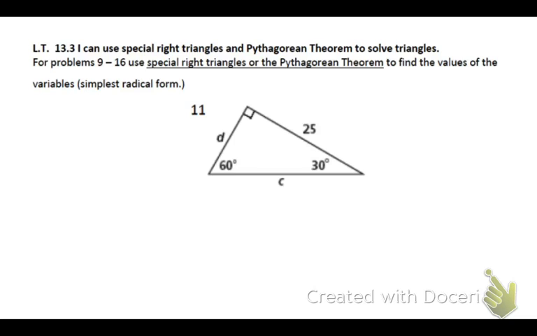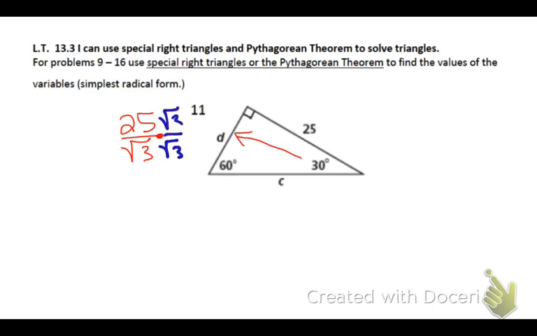Okay, this time we have the 60-degree leg. So what you have to do is, if you want to find the 30-degree leg, instead of multiplying by radical 3, you divide by radical 3. So that's 25 divided by radical 3, which is an okay answer. It's not a simplified radical. So we rationalize the denominator, which means we multiply by radical 3, top and bottom.